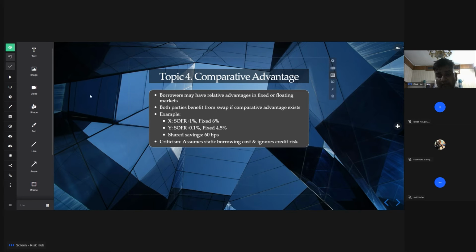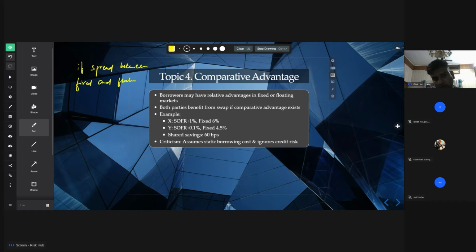Comparative advantage is that if the spread between your fixed and floating is relatively more favorable for one borrower than another. Again, it's not about absolute advantage, it's about relative advantage.